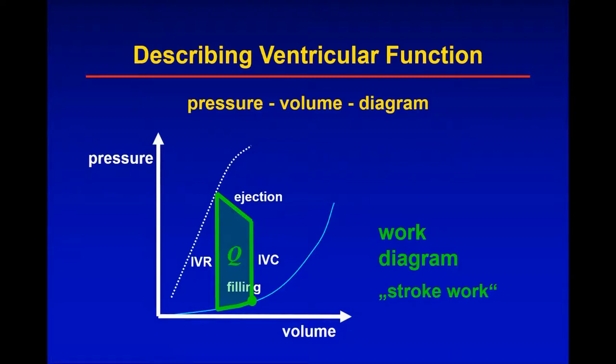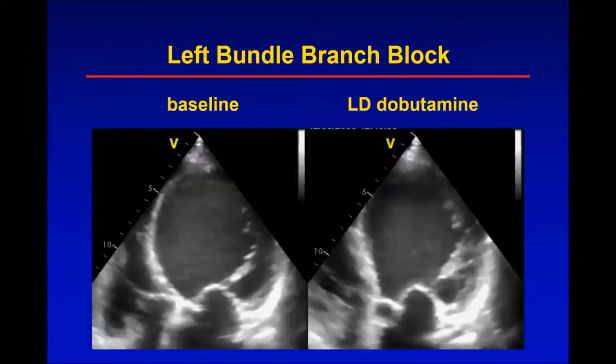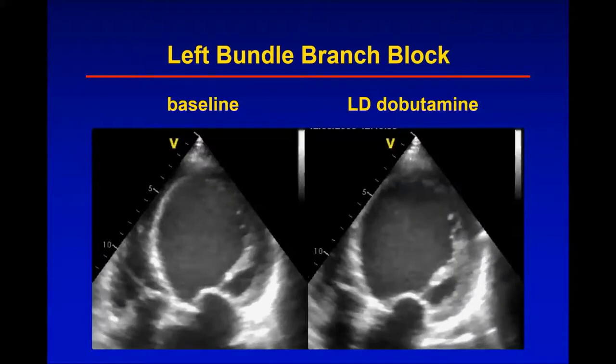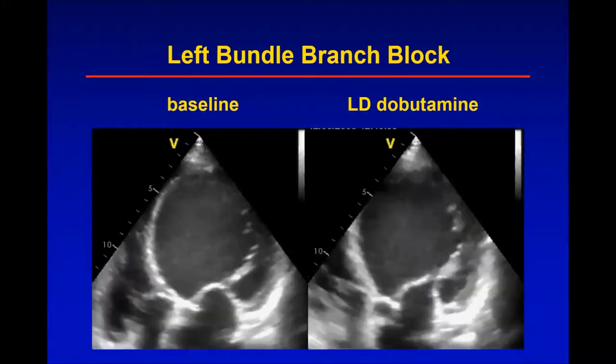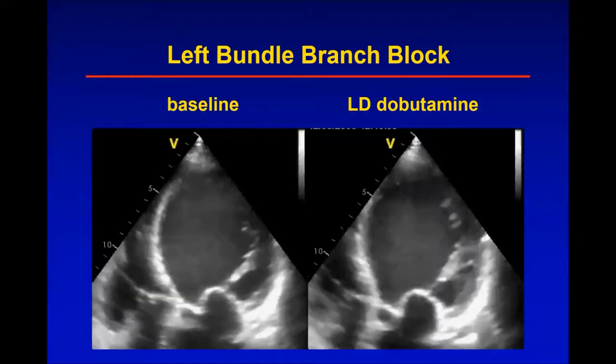So if we want to apply this concept to a patient with a left bundle branch block, like here in this example, again, we have this septal flash and the apical rocking, and now we give a little bit of dobutamine. The heart starts to contract more vigorously. That's an inotropic substance. And you see on the right side that you have a heart that contracts clearly more.